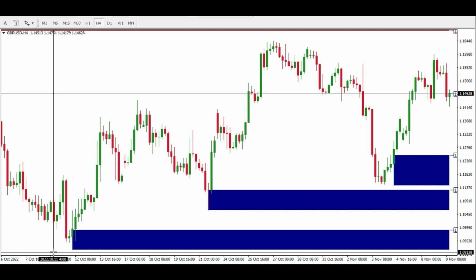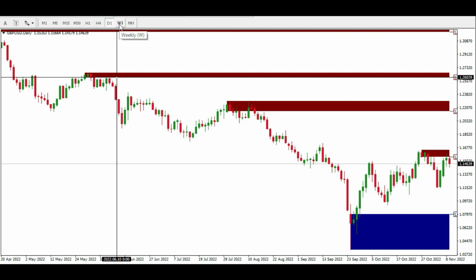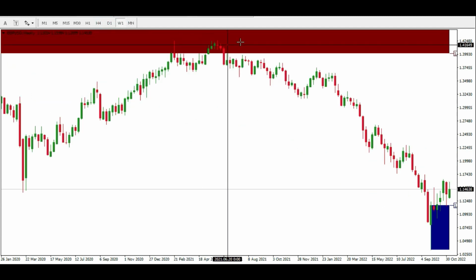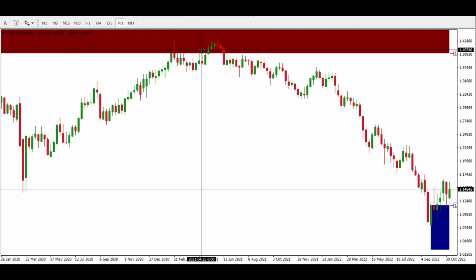But there is another rule here. If you have a higher time frame, for example a daily chart or weekly chart, for example this resistance level here, or this zone with the red line, we can call this very strong resistance for British pound on a weekly basis. Why?